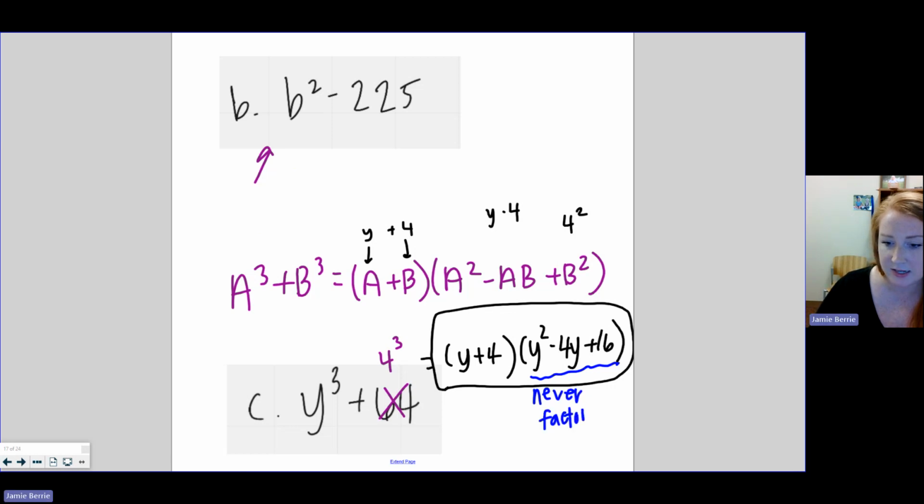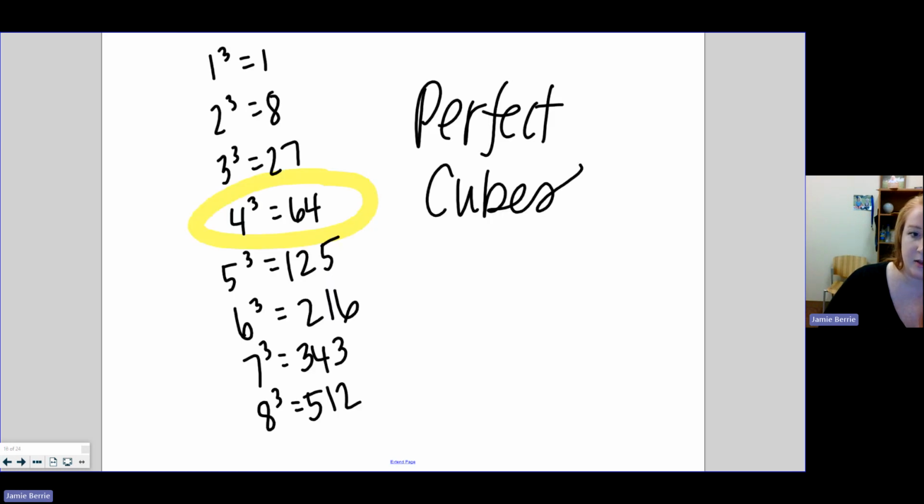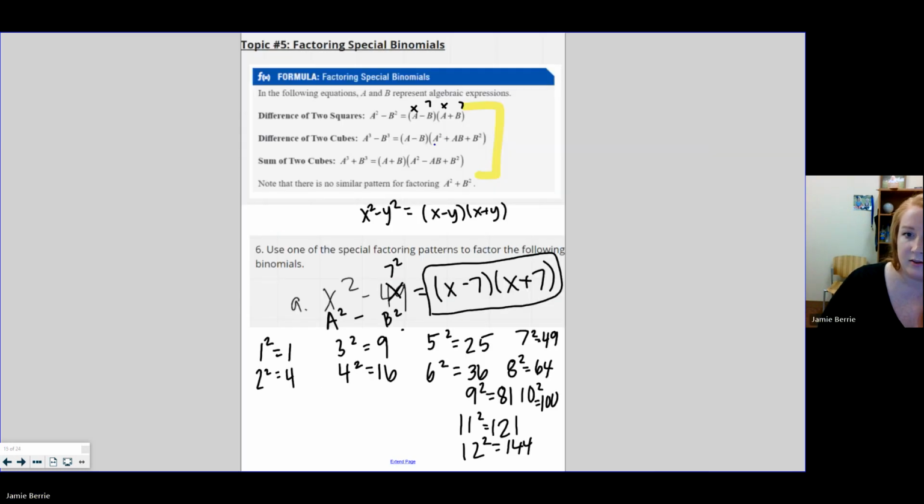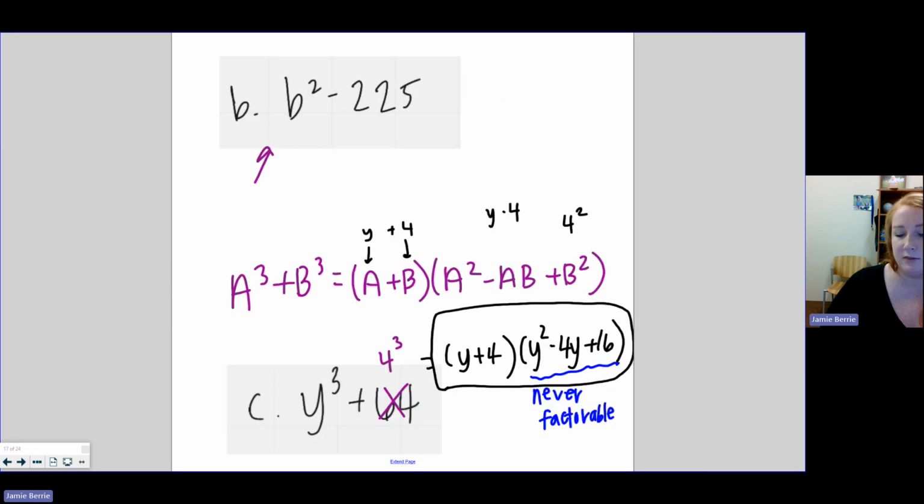You never need to take it any further than that first formula. That applies for a difference of cubes and for a sum of cubes. Whatever you come up with for that second set of parentheses is never going to be factorable. Very convenient.